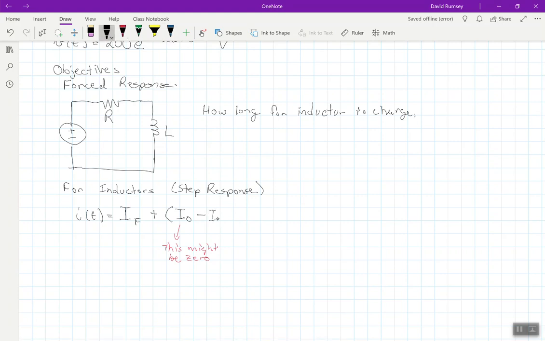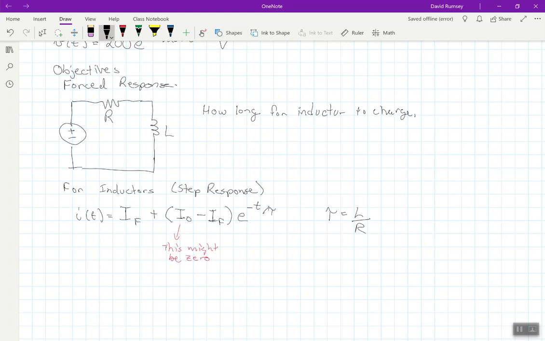Minus the final value, or the forced response, times e to the minus t over tau. So we still have the same time constant. This tau is still L over R, so there's nothing different about the time constant. The only difference is that we have a final value and also an initial value as far as the response goes.